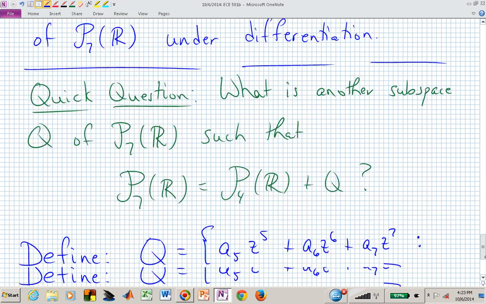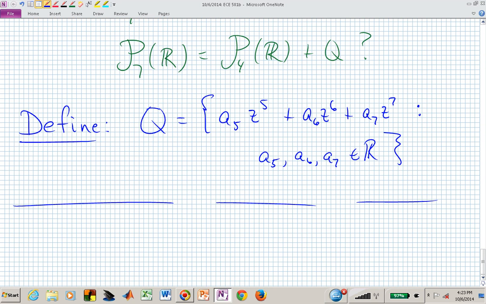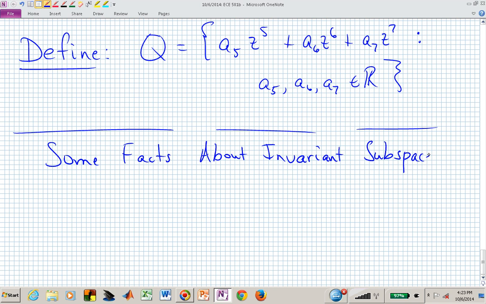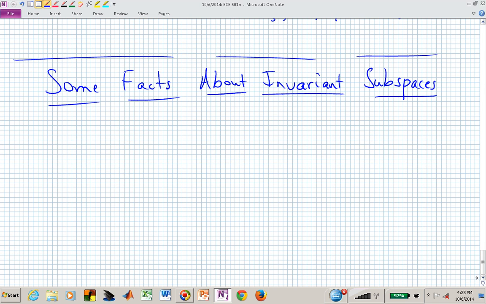All right. Now, let's look at some other facts about invariant subspaces. We're going to start with T being a linear operator. That's a given.